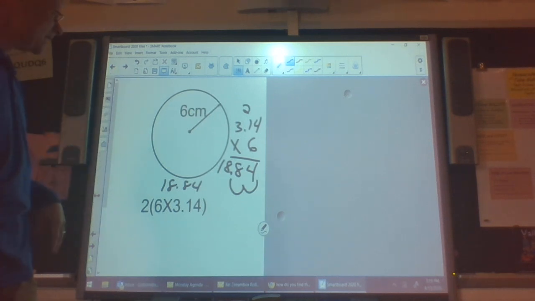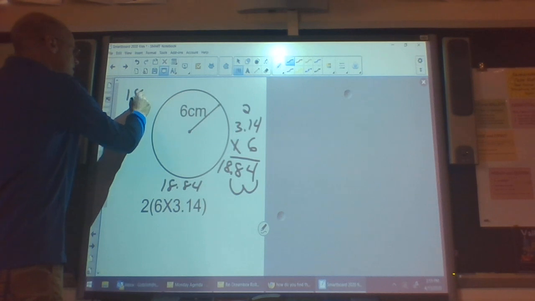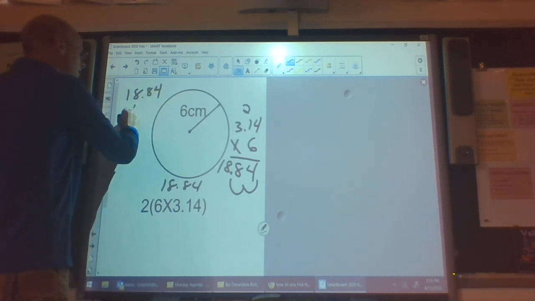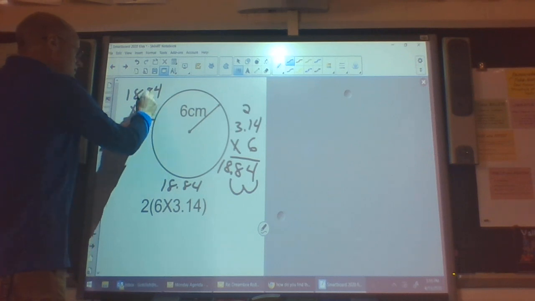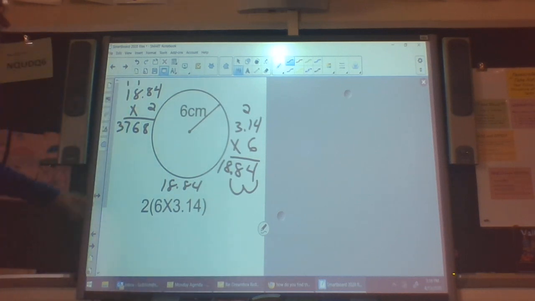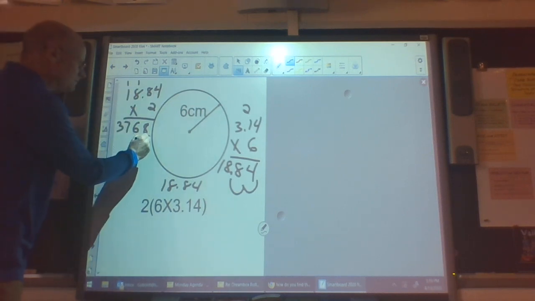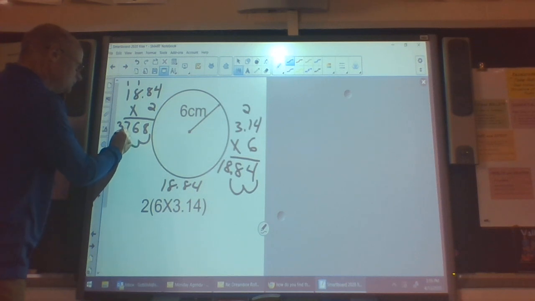Now I have to take that number and double it. I could do it easily and add it, or I can multiply it. I'll multiply it out again. 18.84 times 2. 2 times 4, 8. 16. 16 and 1 is 17. 2, 3. So I get 3,768, but I have 2 spots past the decimal point, so I have to move my decimal point back 2.